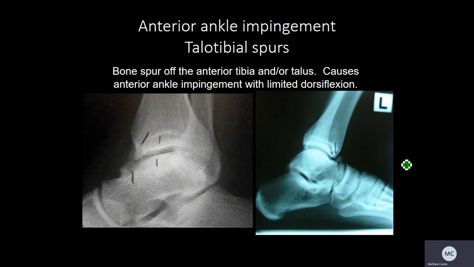If I have very limited dorsiflexion and a bony block, then I need to think bone, right? There's a reason they call it a bony block, and that's because bone's blocking bone. So if I have an abnormal end feel and it just feels like that ankle comes to a dead stop with dorsiflexion, I need to start thinking about things like this. And I probably need to refer that person out for some radiographs.